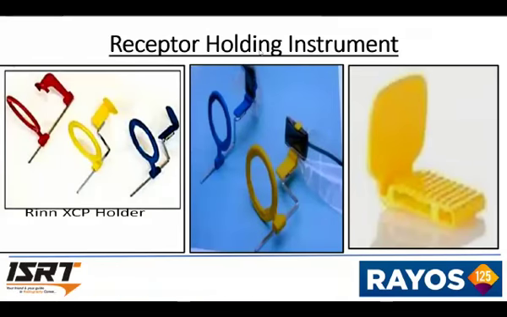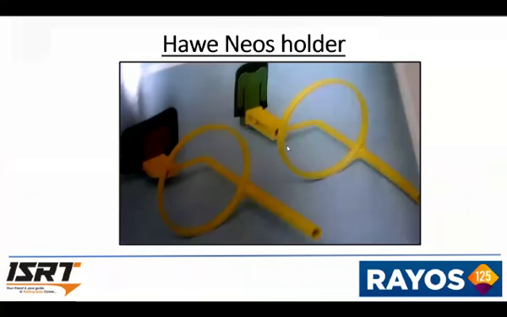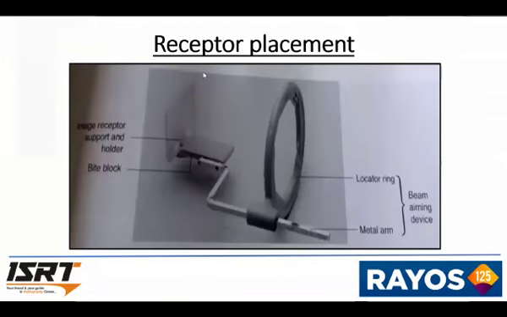So these are the different types of film holding devices. This is called the Rinn XCP film holder. This is the Hawe Neos film holder, and these are the bite blocks. And this is the basic construction of a film holding device.